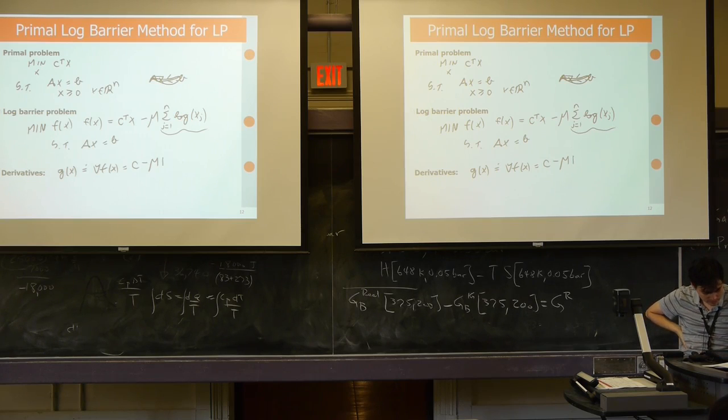Let me write it this way: D of x will be a diagonal matrix made of vector x, and this is the inverse of that, multiplied with e, where e is the vector of ones: 1, 1, 1, 1.